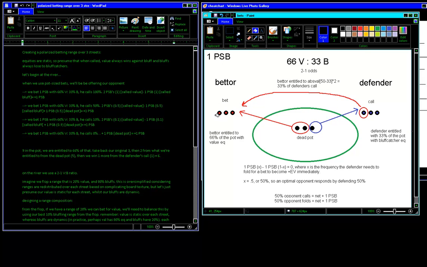If the bettor is betting pot and he has 66% equity with his range against the opponent's bluff catching range, then he's entitled to 66% of the dead pot off the bat, which is 2/3 of this pot of 3 chips right here. So he's entitled to that, hence the arrow.